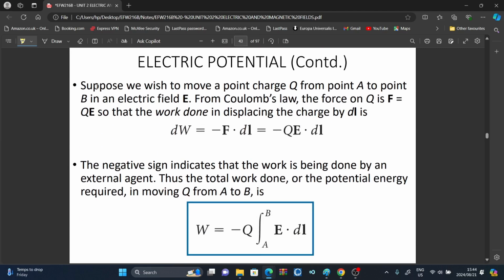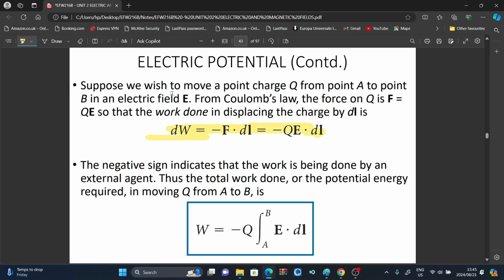Here we have some formulas they give us. This formula, just remember, is for work done. It's a derivative, as you will see later on.